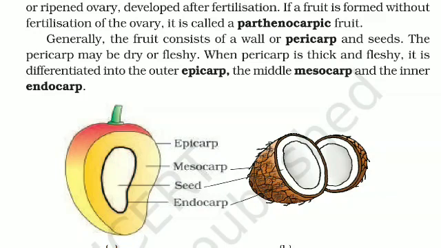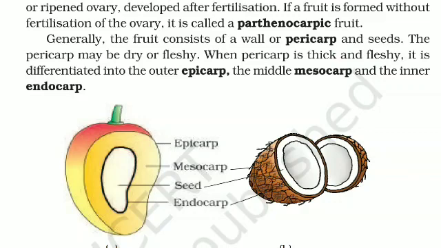So now first about the mango. What you are seeing over here, the outer thin layer which you are seeing in the mango, is known as the epicarp, and the middle fleshy edible part which you like to have is the mesocarp, and the inner stony hard endocarp is there, you know it.